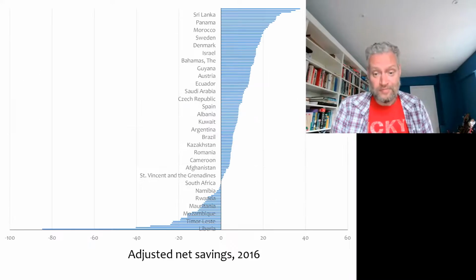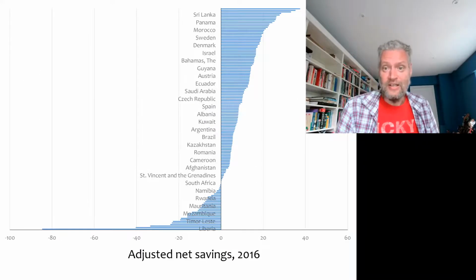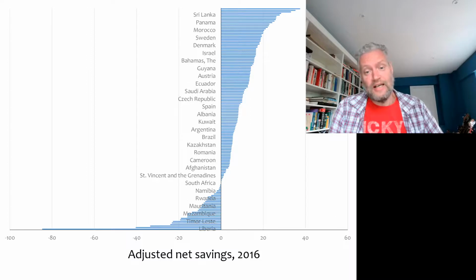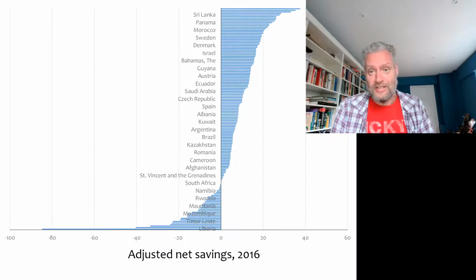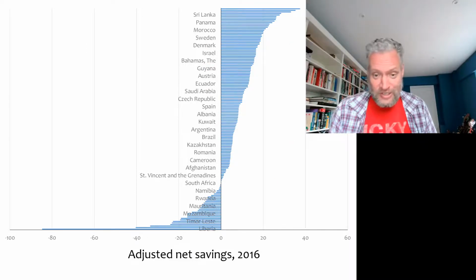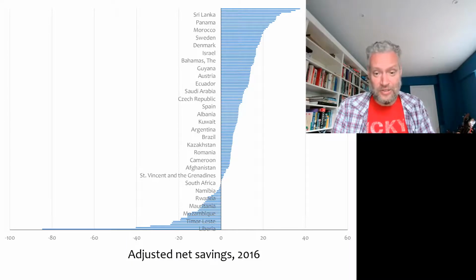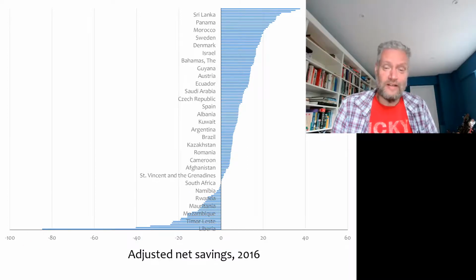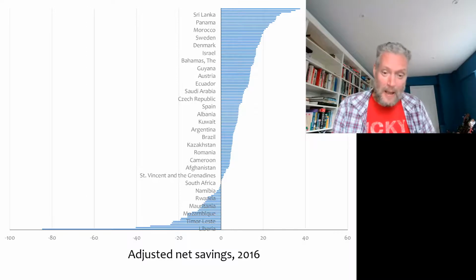You can also look at this across space for any particular year, and what you see is that there's a whole bunch of countries that are making net additions to their wealth in the year 2016, and there's also a whole bunch of countries that don't. Fortunately, there are fewer of these countries, but Liberia is doing spectacularly badly.